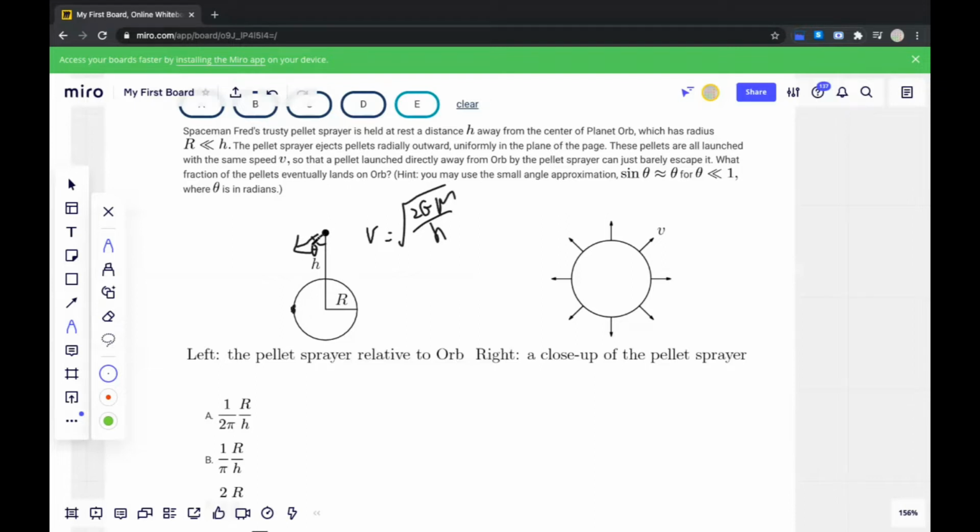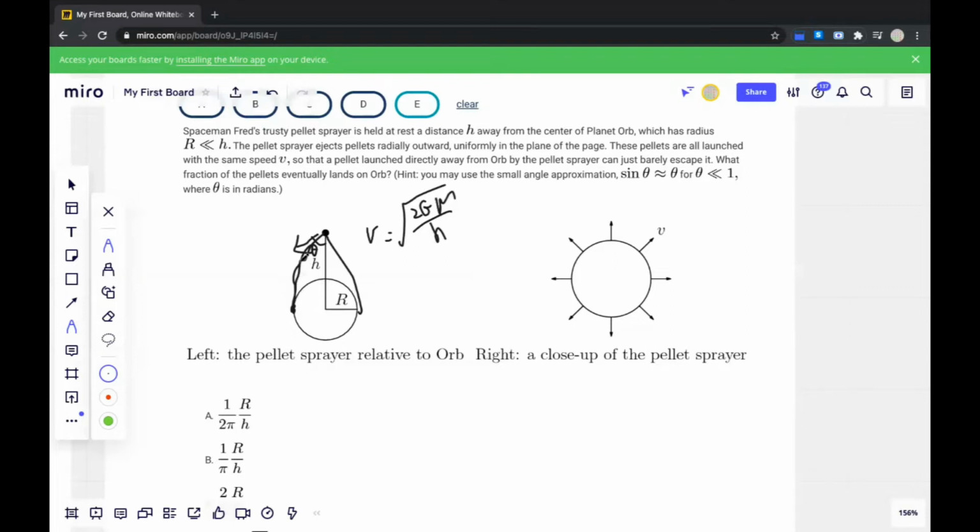So any pellet that's being shot will follow some path like this, or some path like this on the other side. So any angle that the pellet is being shot at and follows this path, any angle between this and 0 will land on orb.